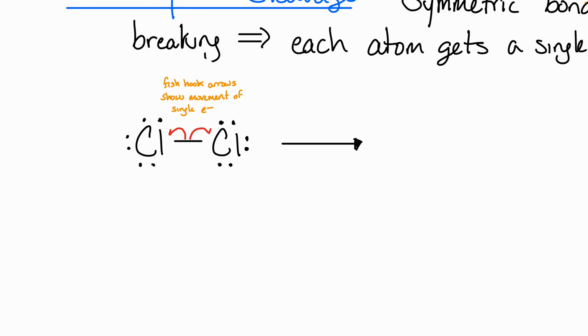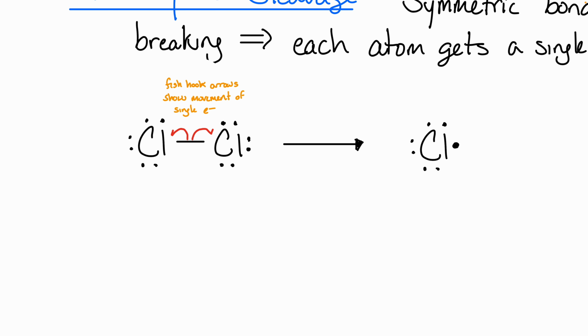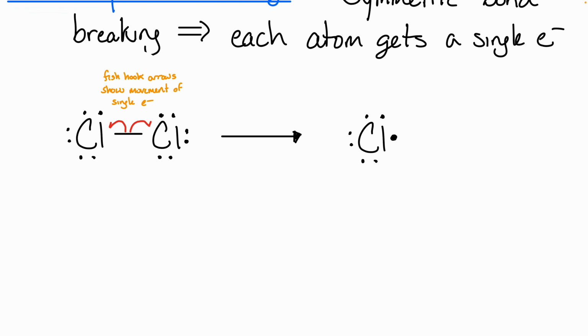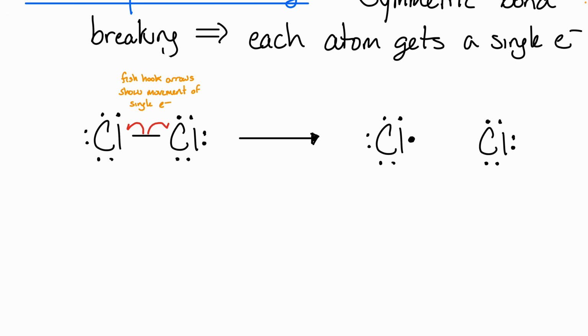So if we're going to draw our product here, one chlorine atom has now accepted this one electron. My other chlorine atom has accepted the other electron.